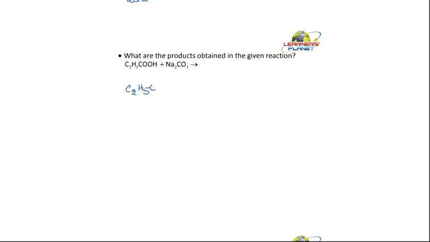So your C2H5COOH reacts with Na2CO3, giving what? C2H5COONa plus H2O plus CO2. Okay. Now here what is happening is this carbon dioxide gas is evolved.